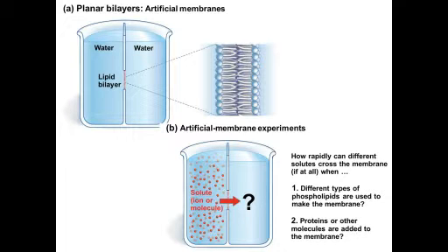Whether you have cholesterol present or absent, whether or not you have proteins embedded in the membrane that aid in transport of certain molecules, and whether your fatty acid tails are short or long will affect it as well. So there are a lot of variables that can affect the permeability of the membrane.